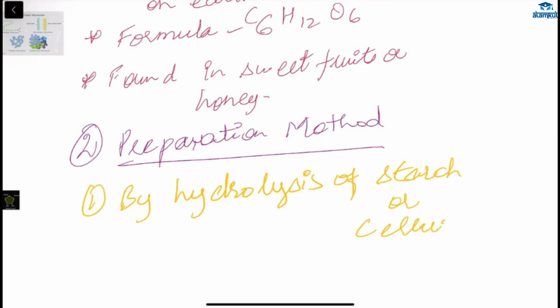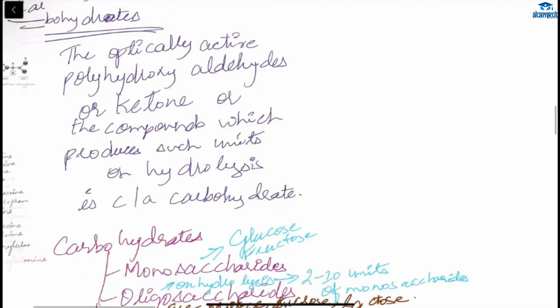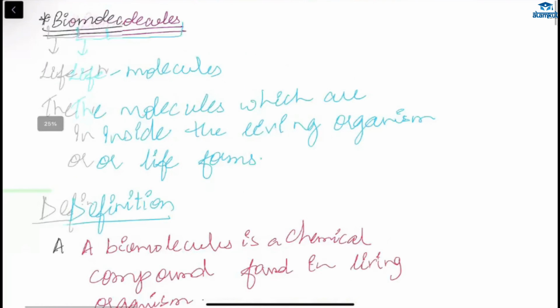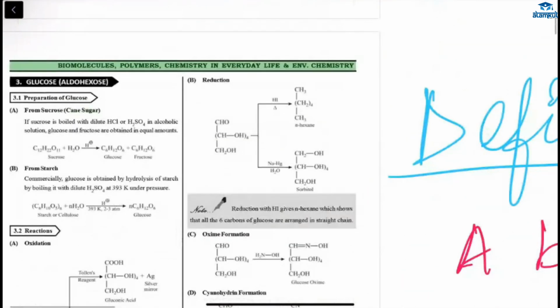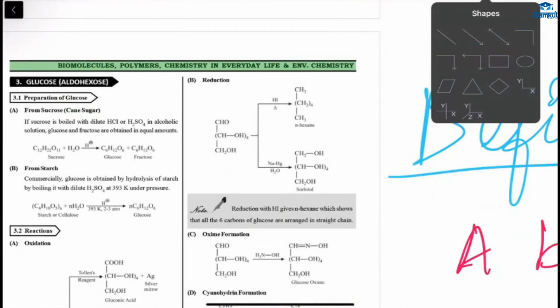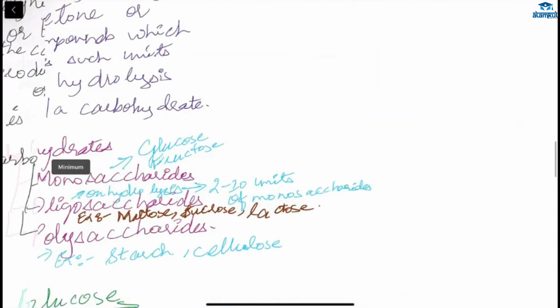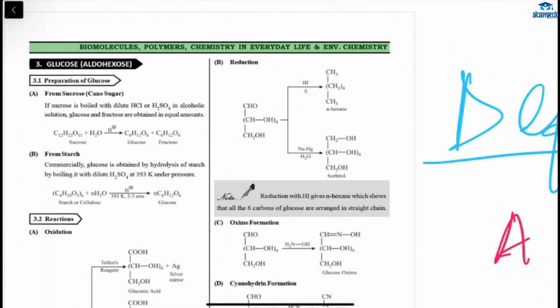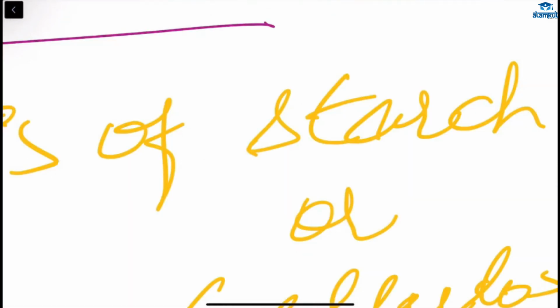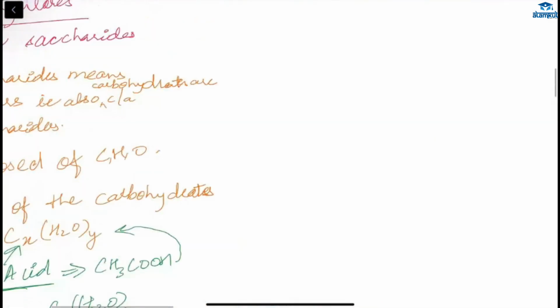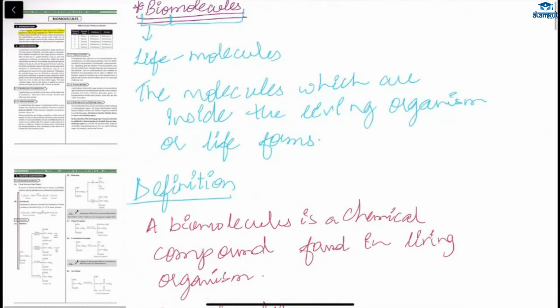Here the structures are already written. How are they prepared? First is this one, formed from starch. I am not able to draw the line properly, so I will use the highlighter.